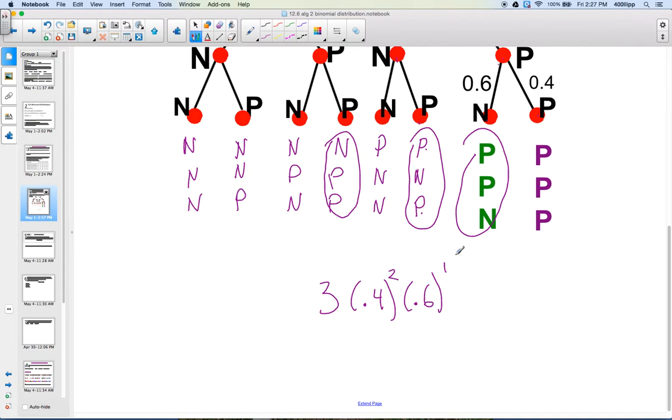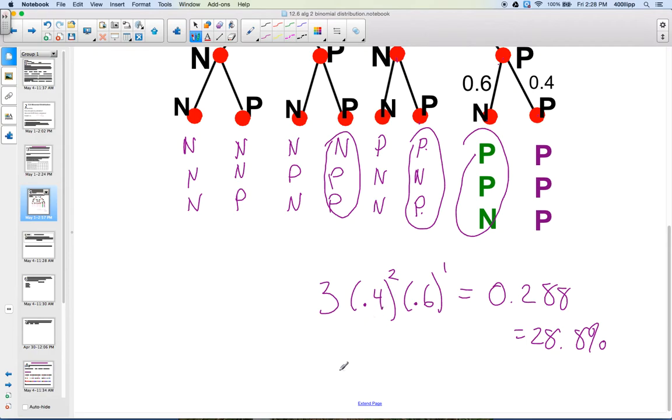We'll do 3 times 0.4 squared times 0.6, which will give us 0.288, which is the same as 28.8%. And that is the probability of getting exactly 2 prizes out of the 3 scratch-off cards.